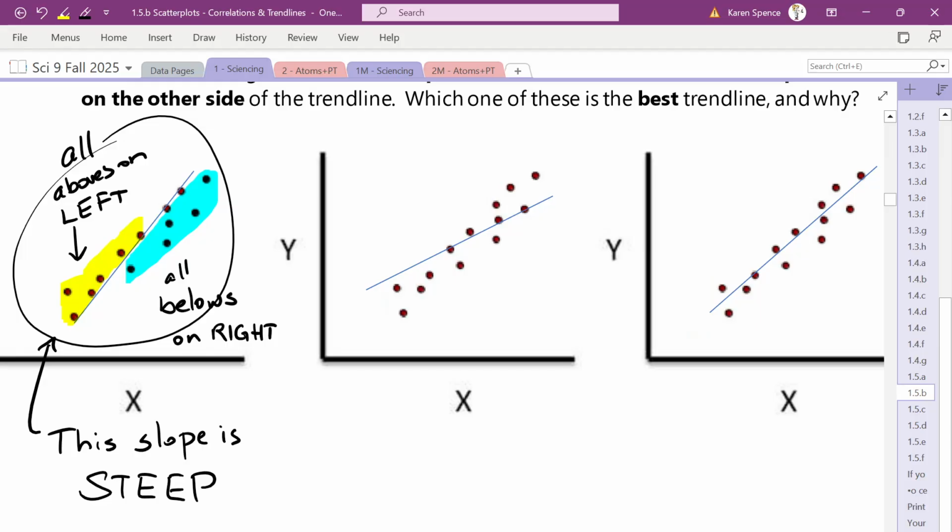What's wrong with the second trend line, Aria? What's wrong with the line?